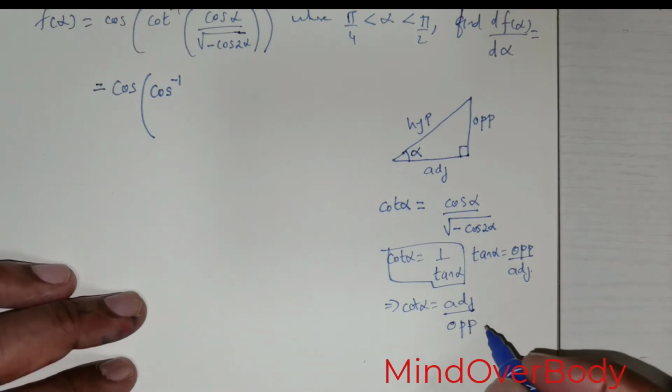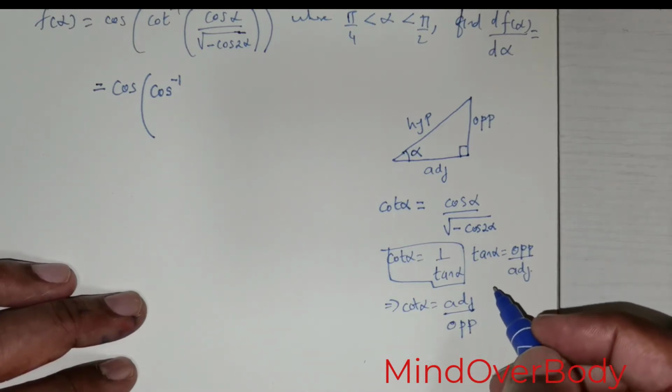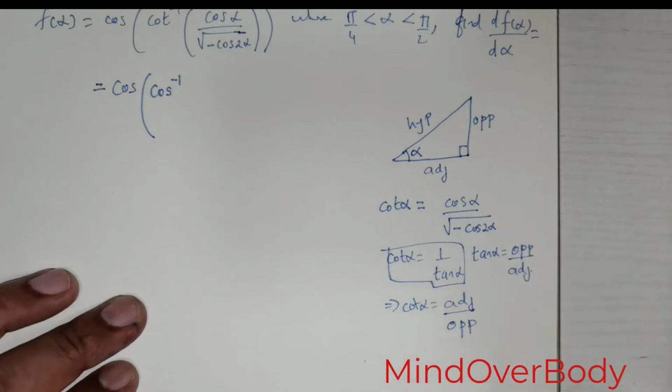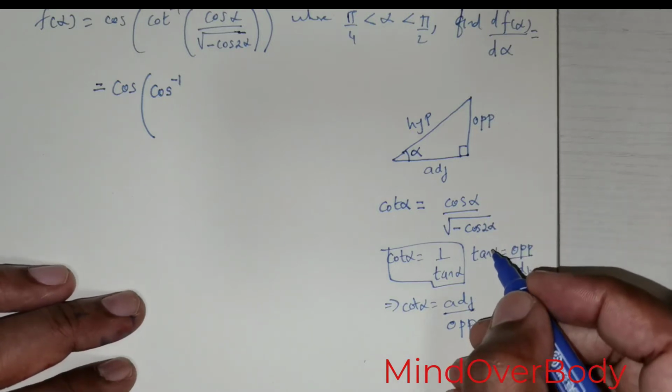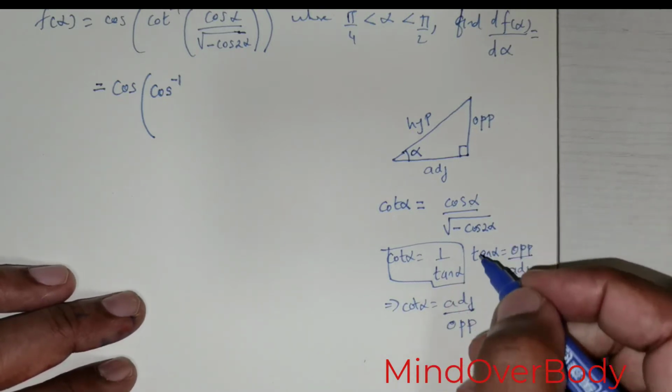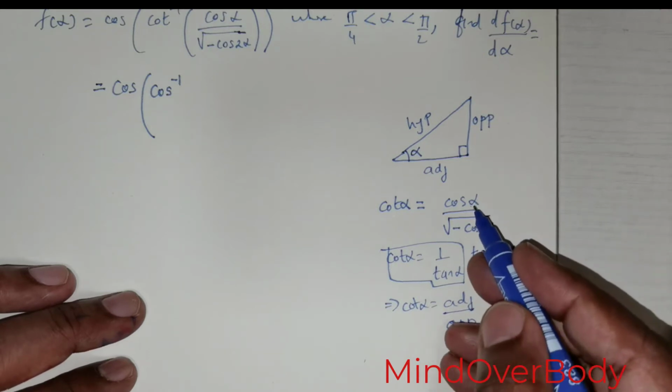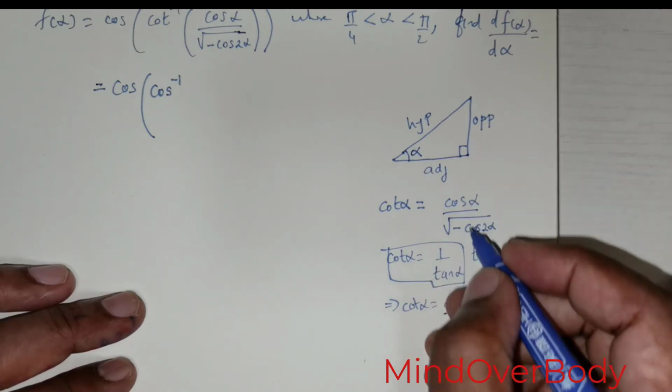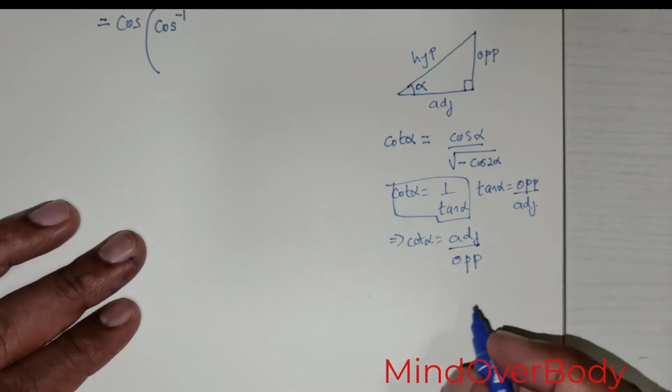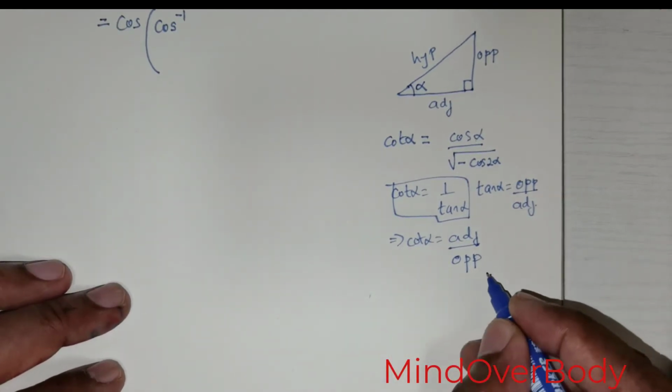So for the adjacent side, I would have to place the first quantity, which is cos alpha. Let me write that down here.